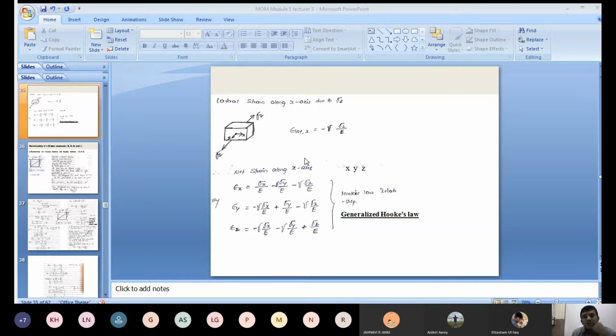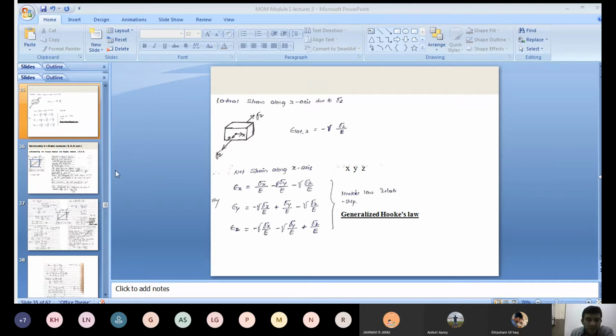As you know, stress is equal to Young's modulus into strain. From this, strain is equal to stress by Young's modulus, right? So the net strain along y-axis is nothing but, the other two coordinates become lateral dimensions, minus mu into sigma x by E plus sigma y by E minus mu into sigma z by E. Similarly, write for the third coordinate also.